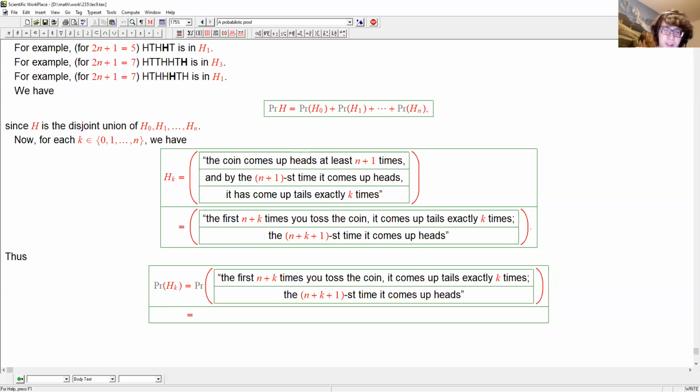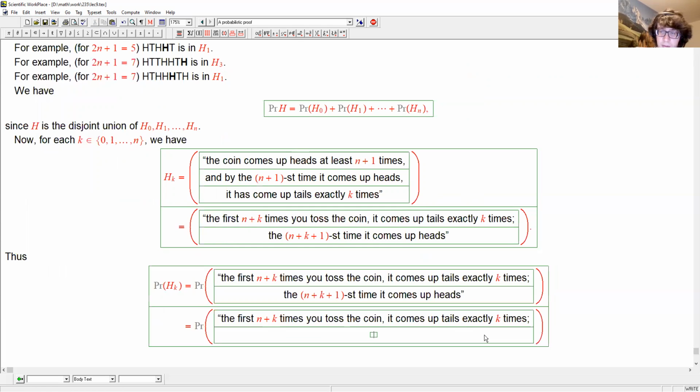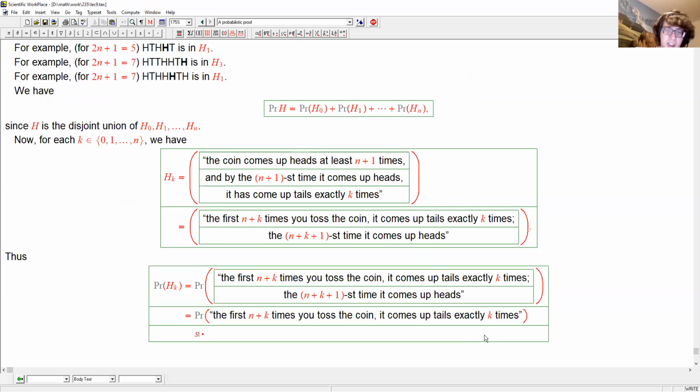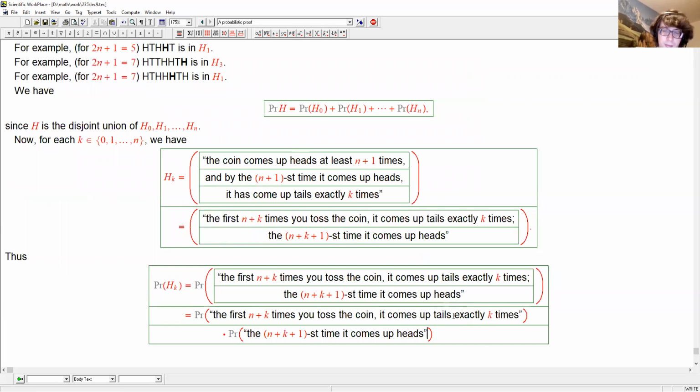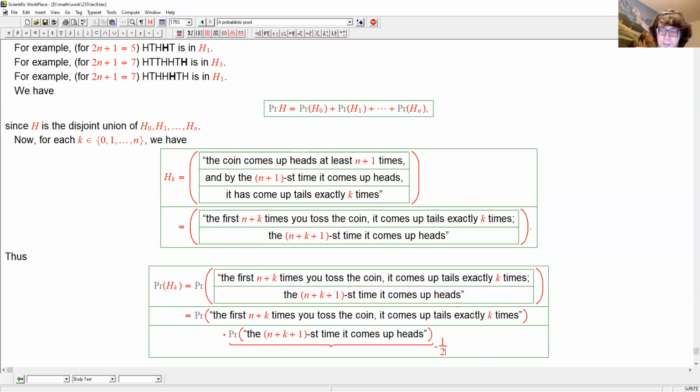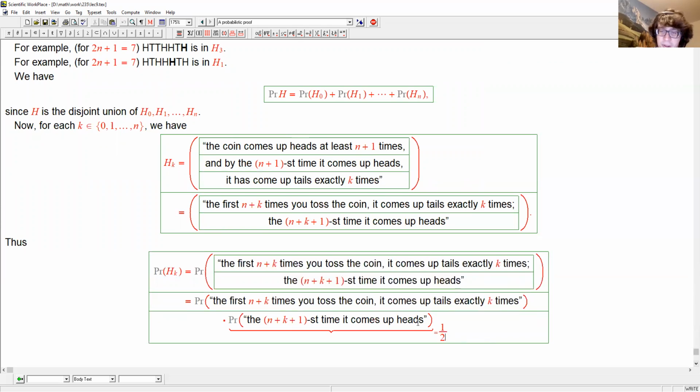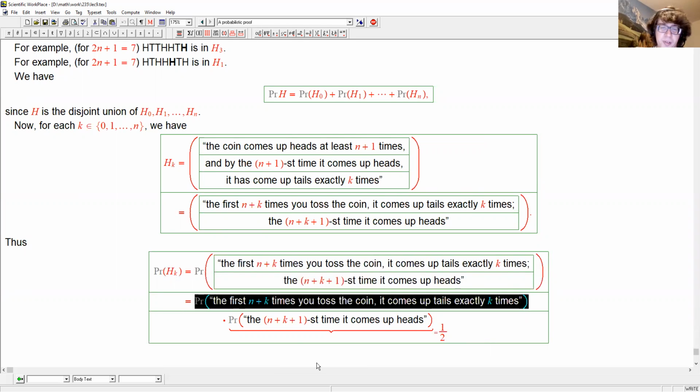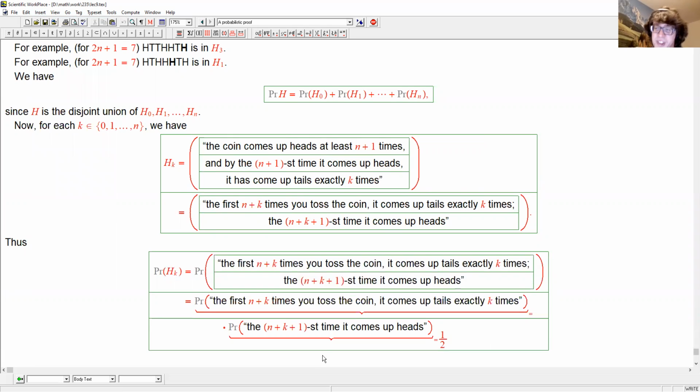So probability of this part times the probability of this part. Okay, now this is easy. This is just 1/2 because it's a single toss. It comes up heads with probability 1/2. It's a fair coin. Now this is a counting question.